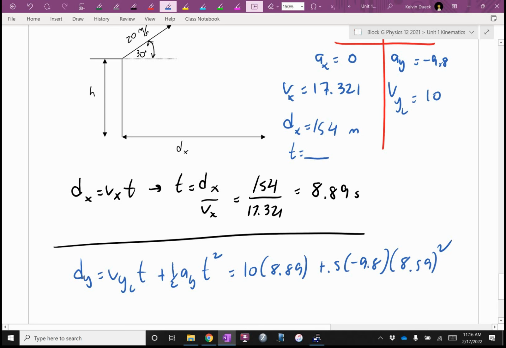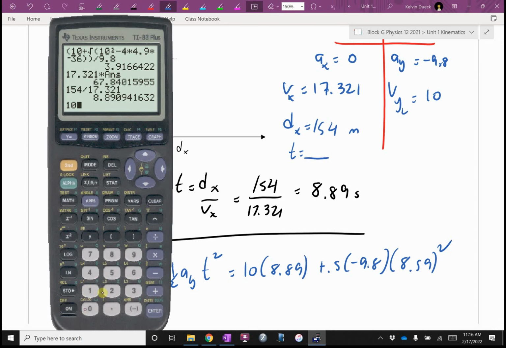Again, I'll square my answer button. It's going to be 10 times answer button plus 0.5 times negative 9.8 times answer button squared. Double check for typos. That looks good.